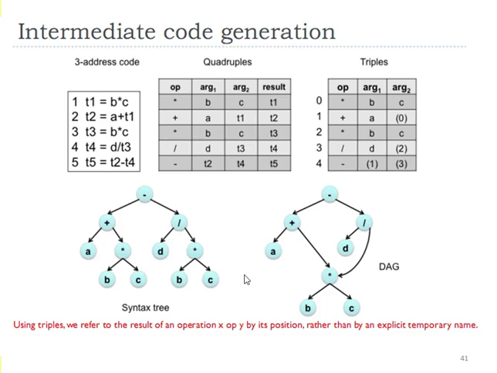When we are creating the syntax tree, the root of the tree should be an operator that is evaluated at the last step. That is, an operator with the lowest precedence level will be considered as the root of the tree.